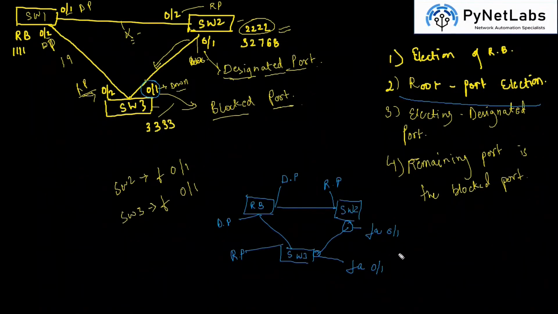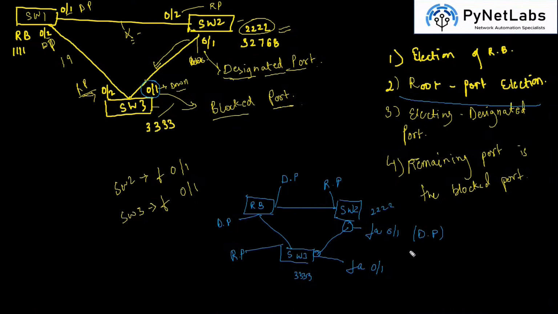Now, between these two, the port which is connected to the lowest MAC address will be elected as designated port. So switch 2 had the MAC of 2222, then 3333 for switch 3. Now if we look, that FA01 is the port which is getting connected to the lowest MAC. So we will understand that this port will be designated port out of these two, right?